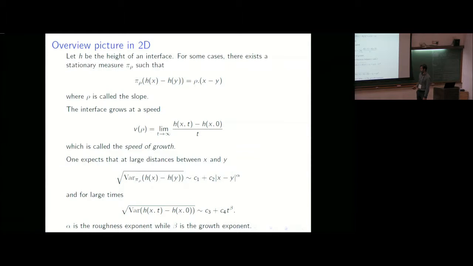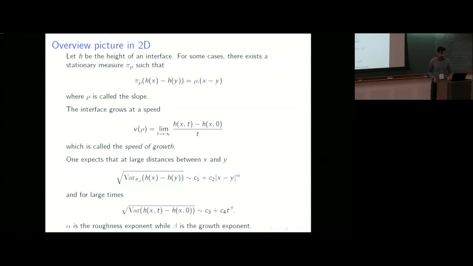And then for large times, if we look at the variance between the height at time t and the height at time 0, you expect this to be of the form C3 plus C4 t to the beta, where beta we haven't given. This alpha is sometimes called the roughness exponent, and this beta is called the growth exponent.